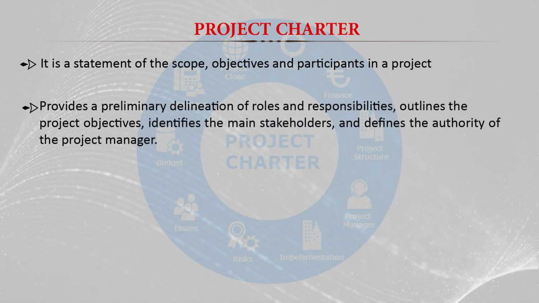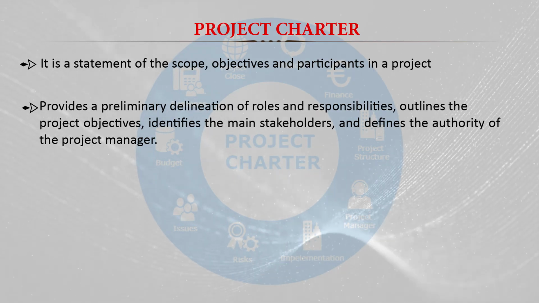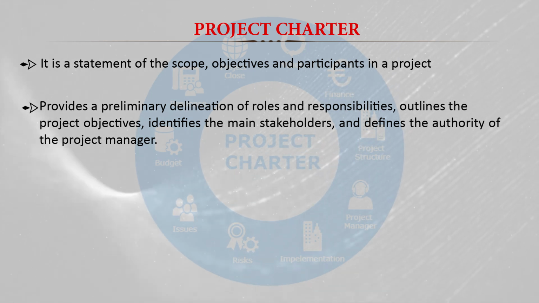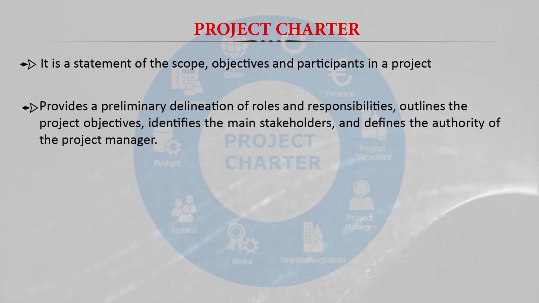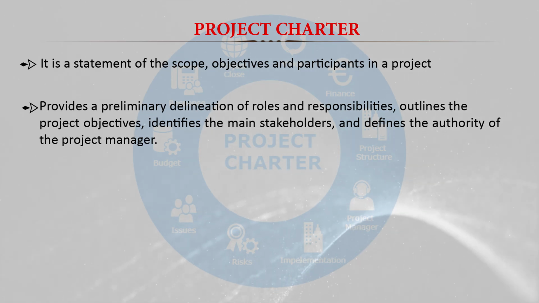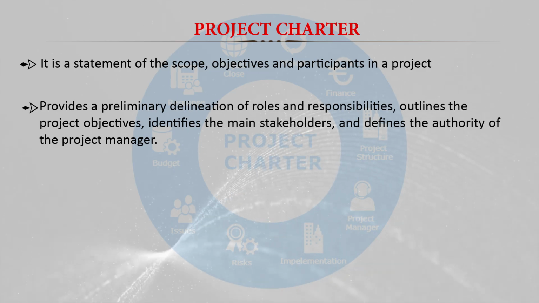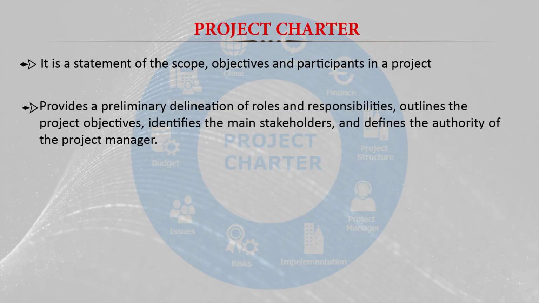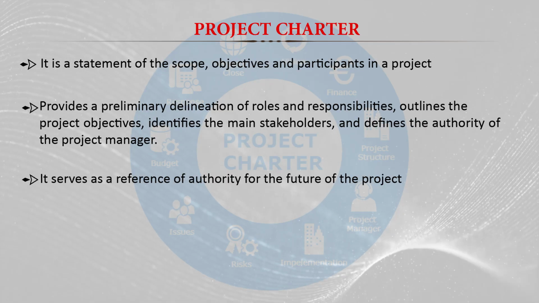And the project charter is basically the preliminary delineation of the roles and responsibilities. So what are the different roles in the project and the responsibilities with the staff, and it outlines the project objective also. And then we identify the different stakeholders of the project and define the authority of the project manager. So here we fix the accountability and role of the project manager also while preparing the project charter, and it serves as a reference of authority for the future of the project.